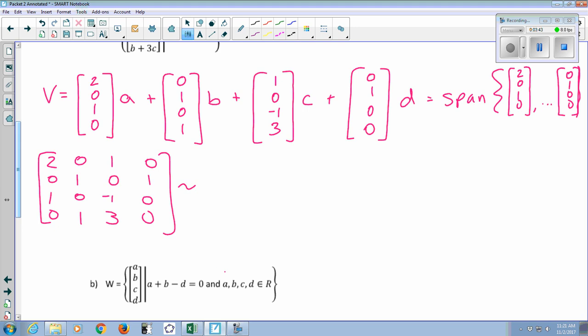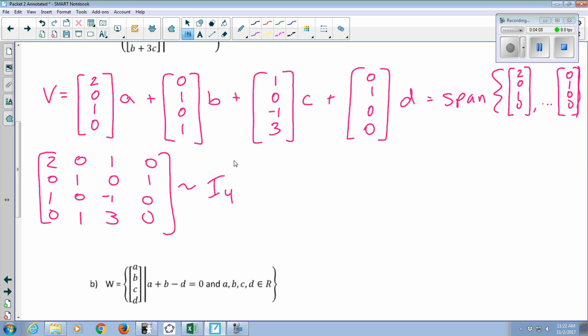I'm just going to write that. Actually, I don't know if you get the identity. I haven't done it out. All right, so yeah, you get I4. So it turns out my vector space V is all of R4, right?